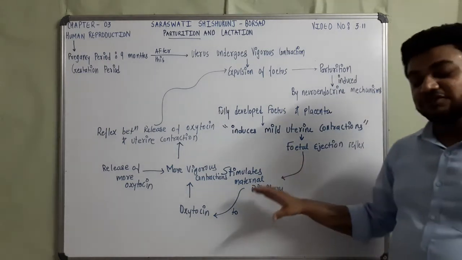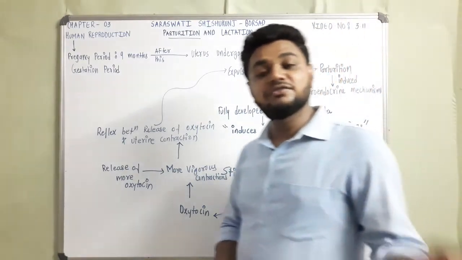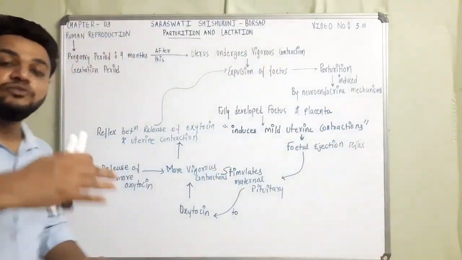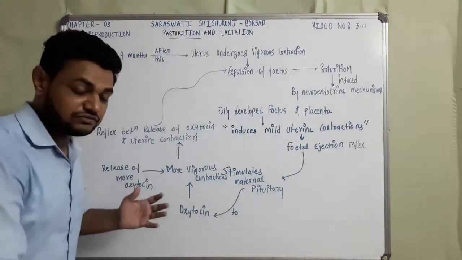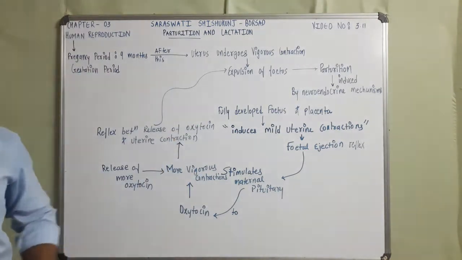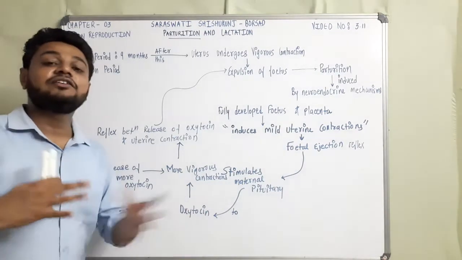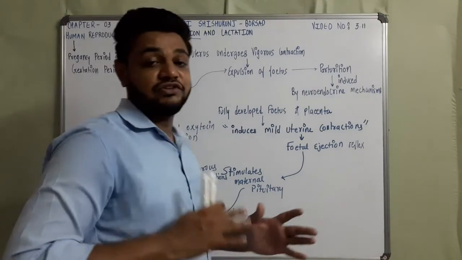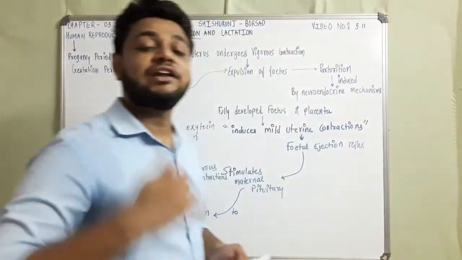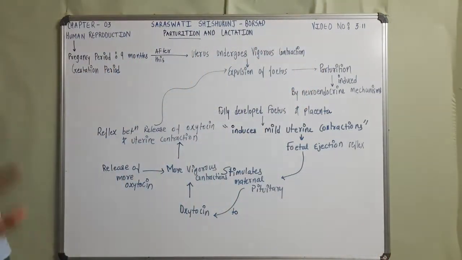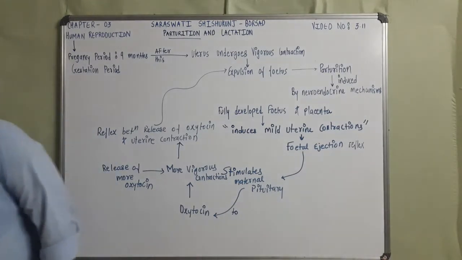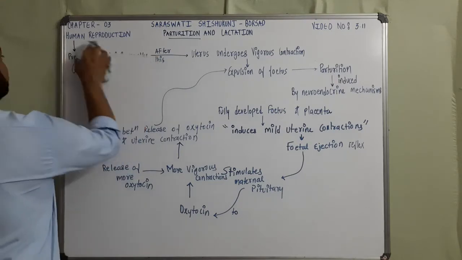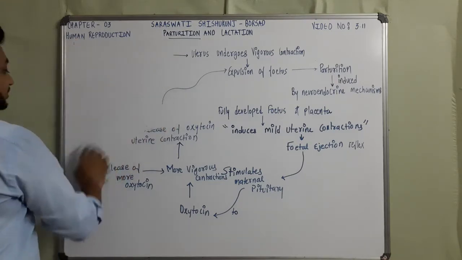This stimulates the maternal pituitary to release oxytocin, so the contraction becomes more vigorous, which releases even more oxytocin. This reflex between oxytocin release and contraction results in expulsion of the fetus, referred to as childbirth. Now we will see what happens after this. So this was about childbirth.